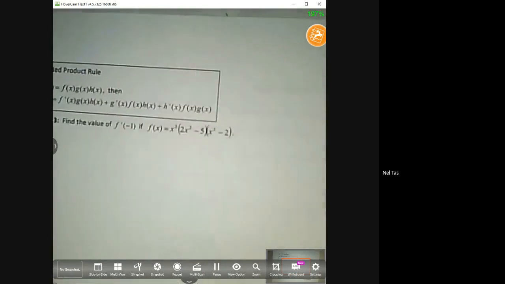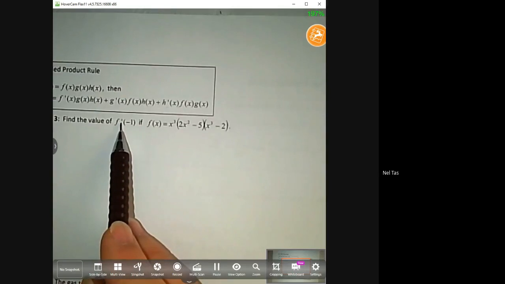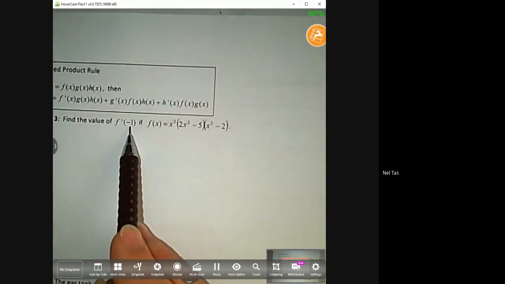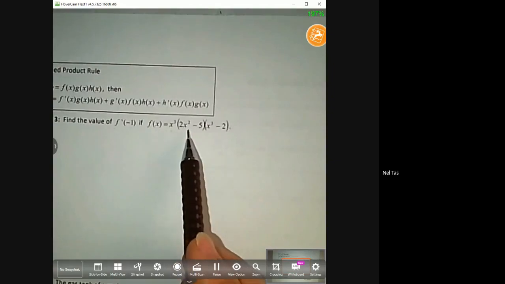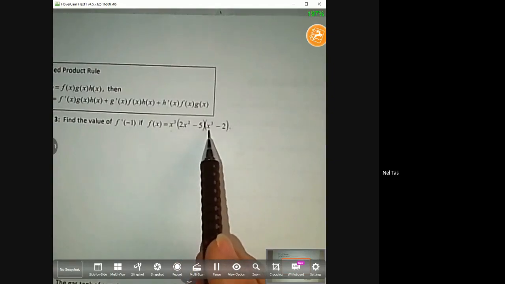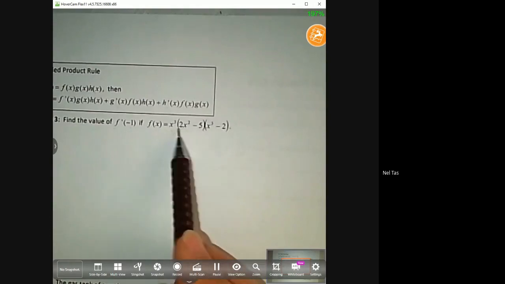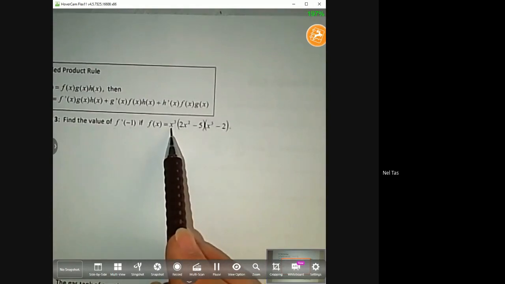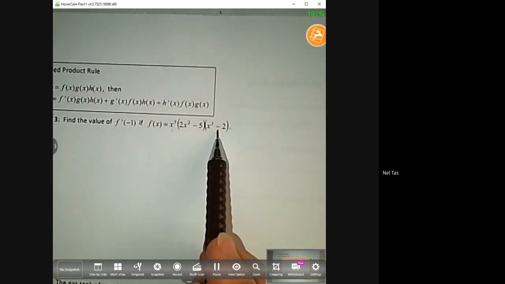So we have an example here. Find the value of f prime of -1 if f of x is x cubed times 2x squared minus 5 times x cubed minus 2. So we have three functions. You can consider this one as f, this one as g, this one as h.